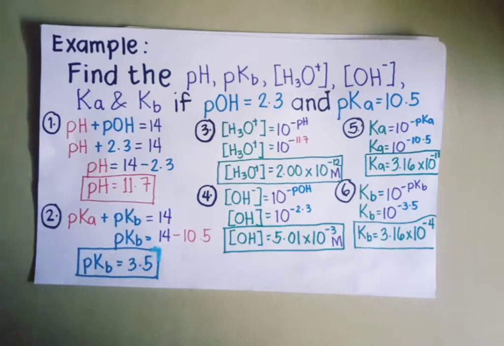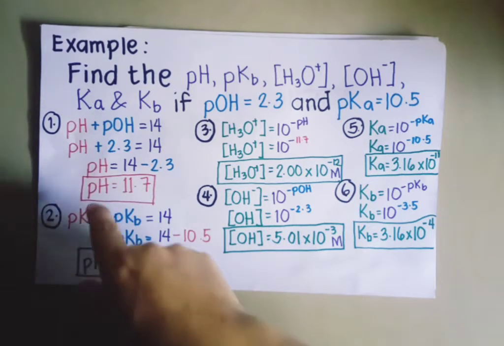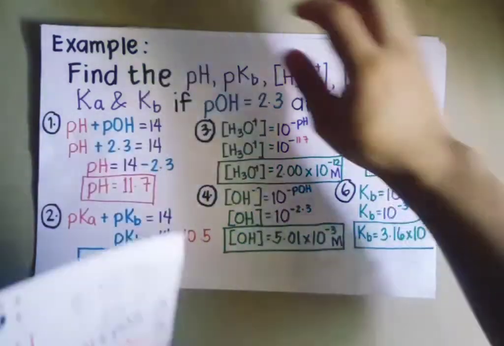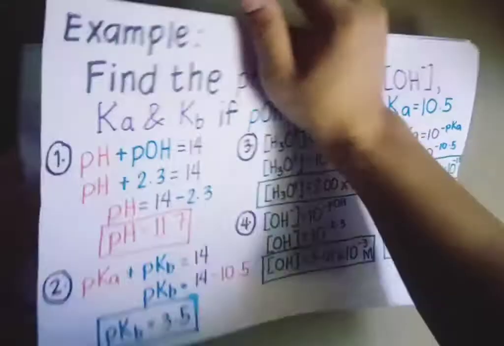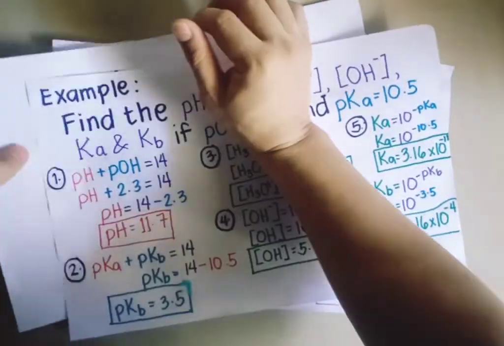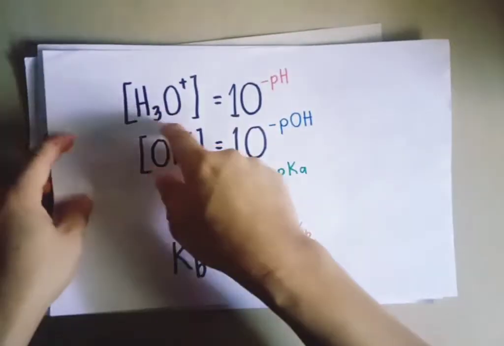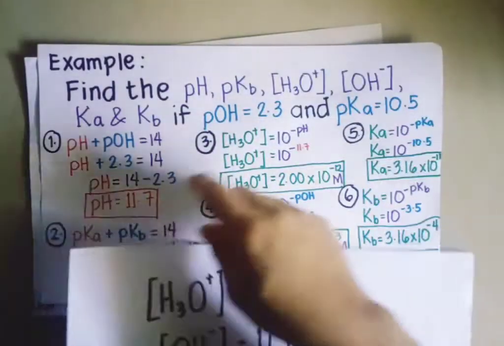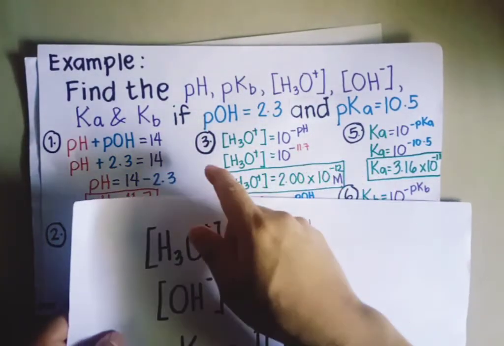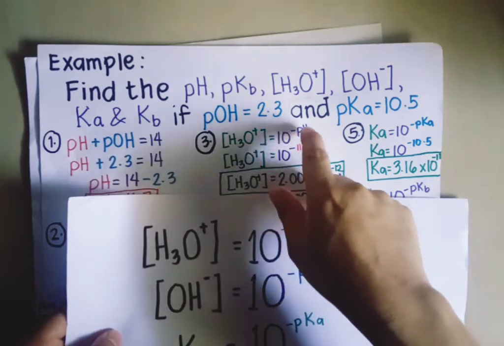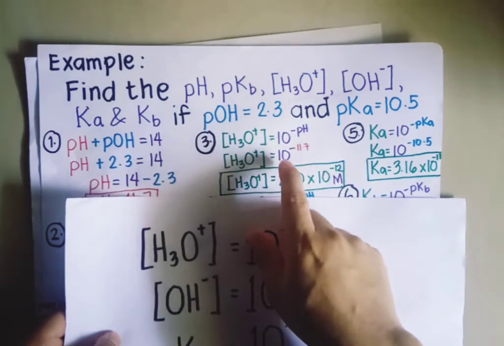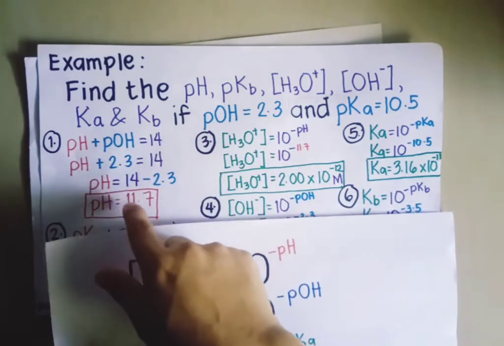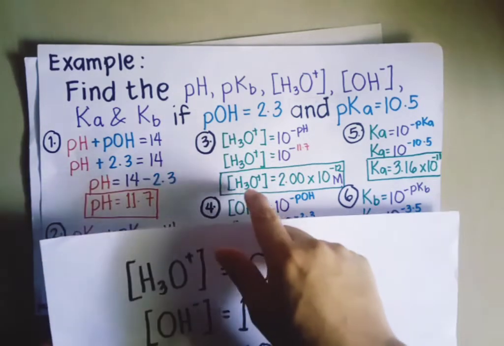Now, because we have the value for pH, we can solve our hydronium ion concentration. Again, in our formula earlier, to find the hydronium ion concentration, we just need to get the anti-logarithm of the negative pH. Since we now have the pH, that is equivalent to 10 raised to the negative pH. That's 10 raised to, or the anti-logarithm of, negative 11.7, which is our pH.